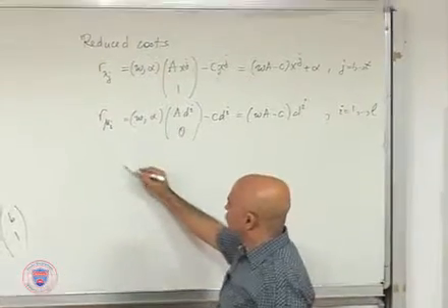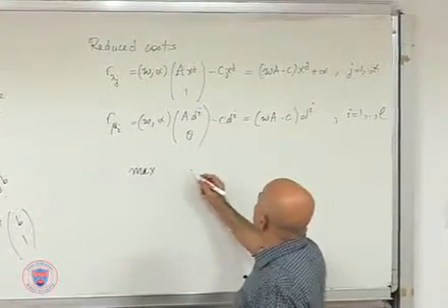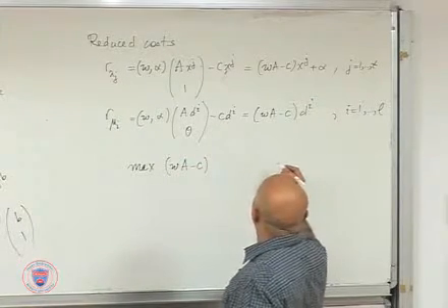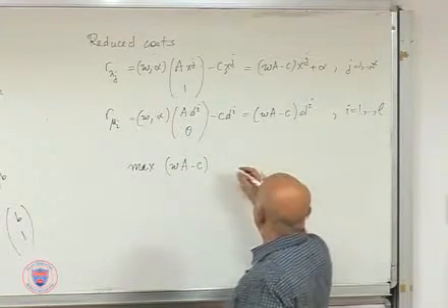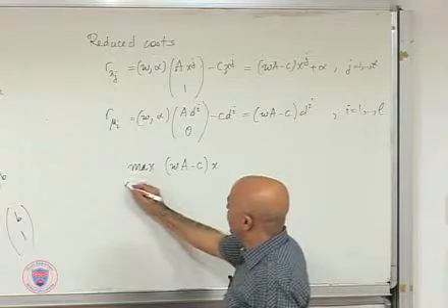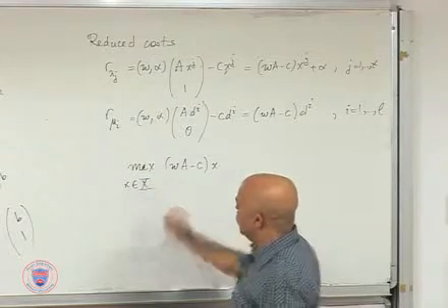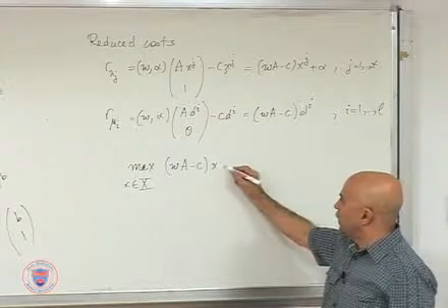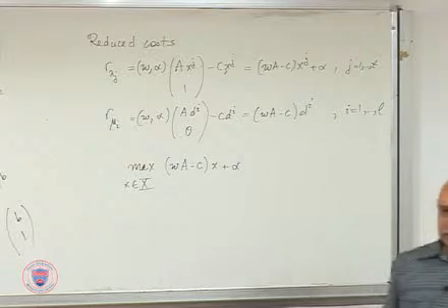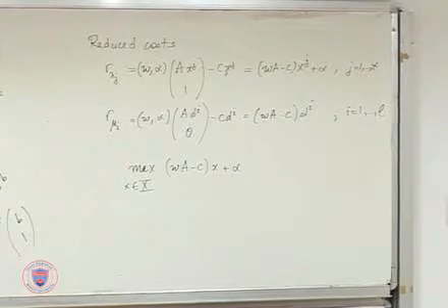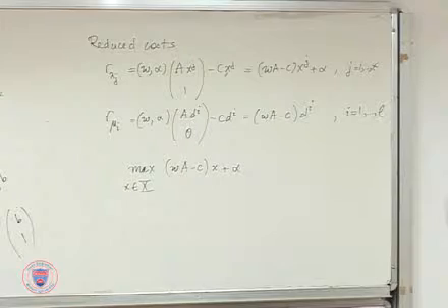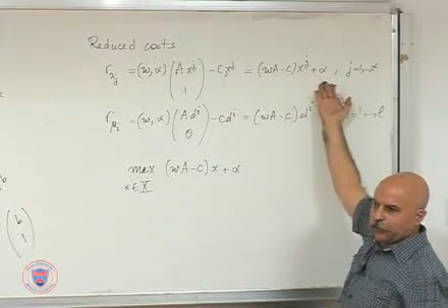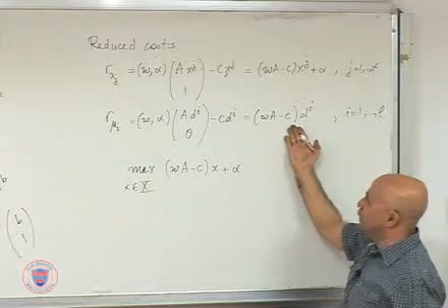So looking for the maximum of them amounts to solving this subproblem with x, where x is restricted to capital X. Now I'm going to add alpha here, which is actually in the first type of reduced cost, but it's not in the second type.